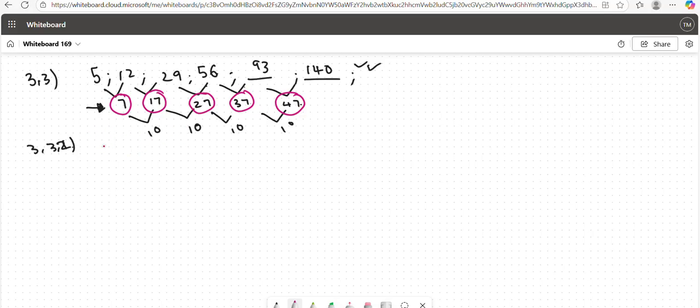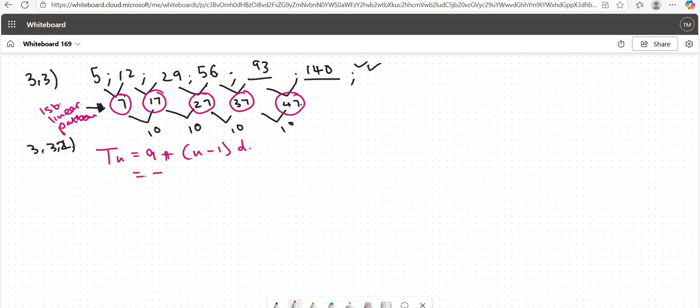But what they did is they actually proved this with the formula. They found the Tn formula for that pattern, and obviously it's a linear pattern. Remember this: the first difference of a quadratic will be a linear pattern. So they did this formula here, n minus 1 times d, and our d is the 10.